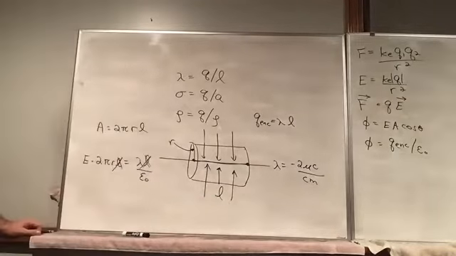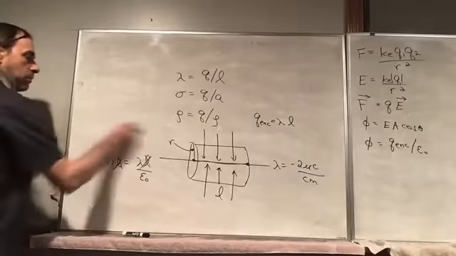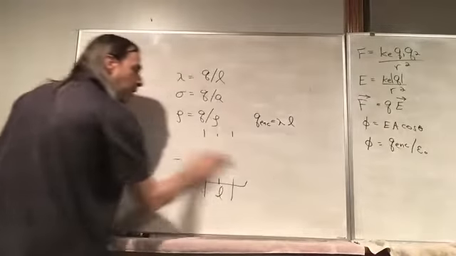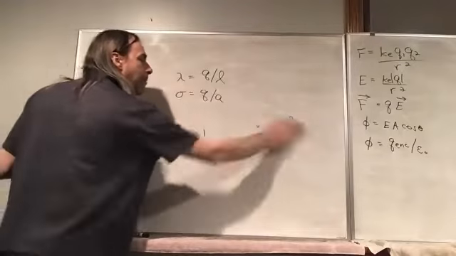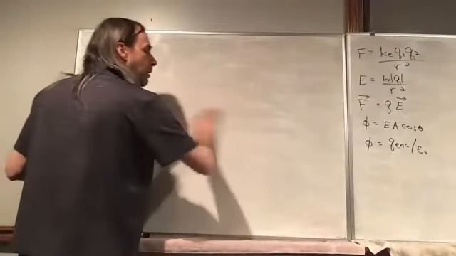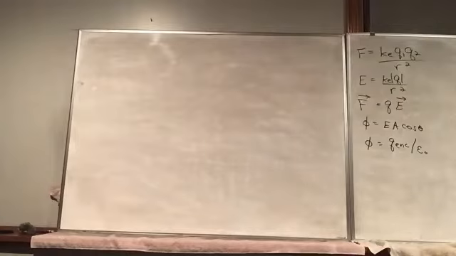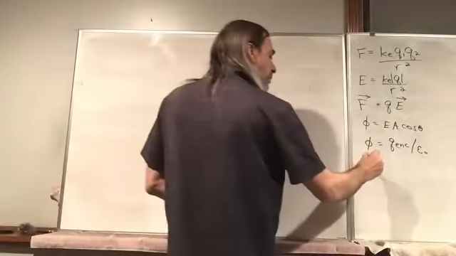All right. Let's talk about electric potential. I think that's pretty much all the main topics from chapter 18. So for chapter 19, let's talk about electric potential. We measure it in volts.